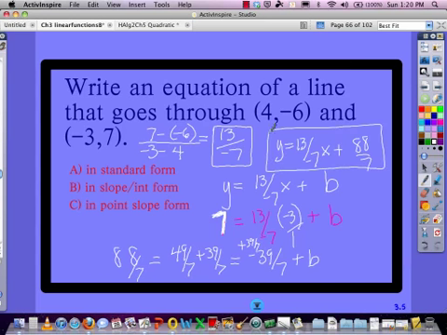Slope-intercept form is one where you are going to have some fractions around. You're not going to have all whole numbers all the time. As long as your fractions are in lowest terms, you're good.